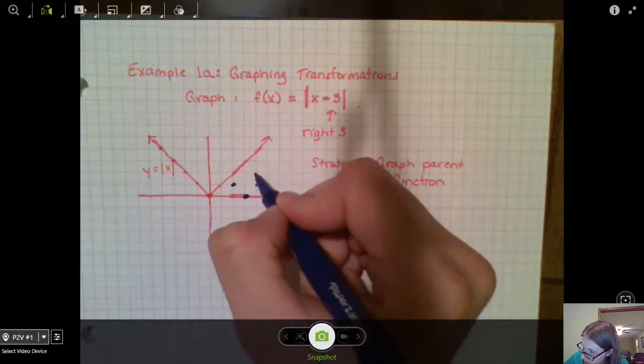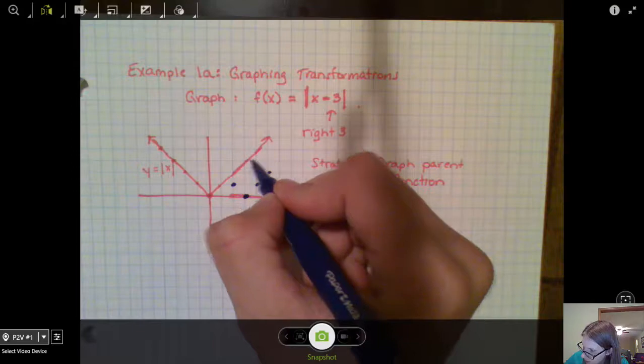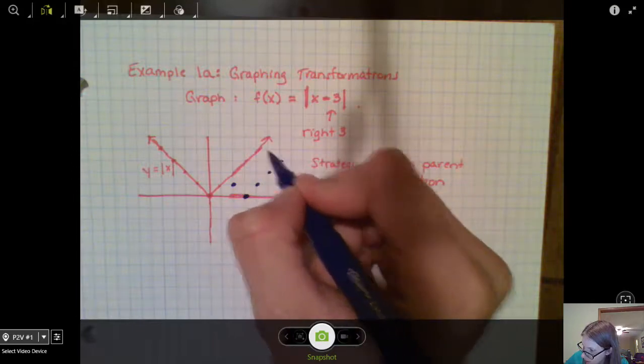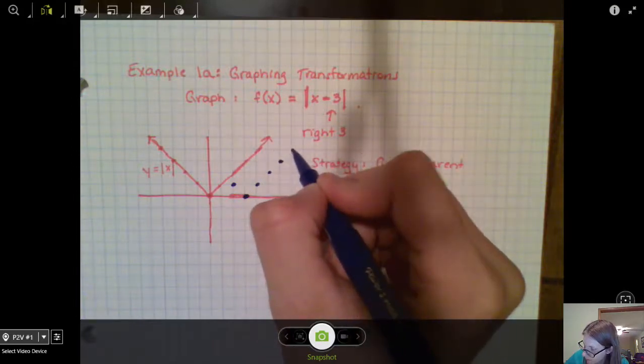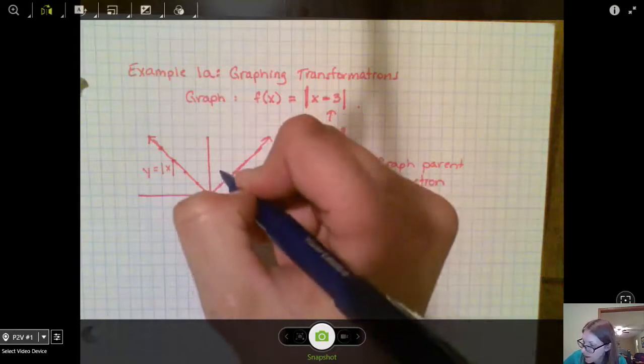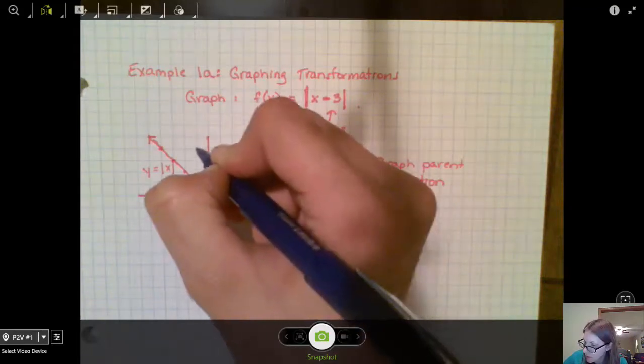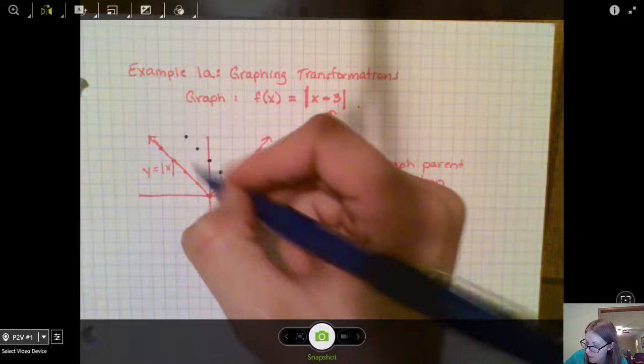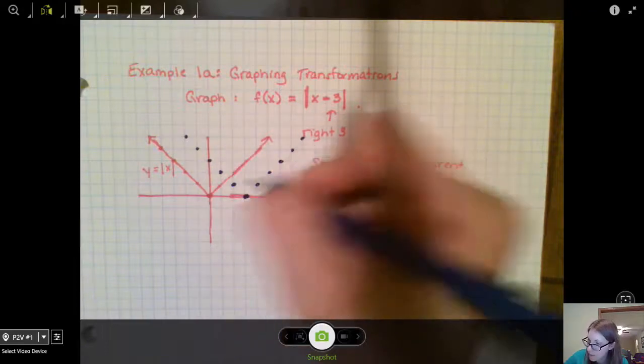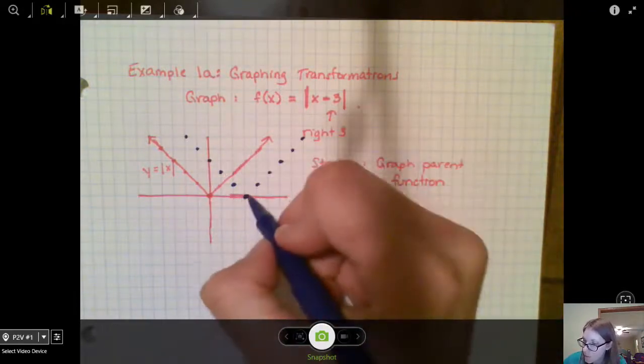All right, so in this guy, notice how we're keeping the same shape. Instead of having our V with the bottom at the point 0, 0, we still have our V, the bottom point is just moved to the right.